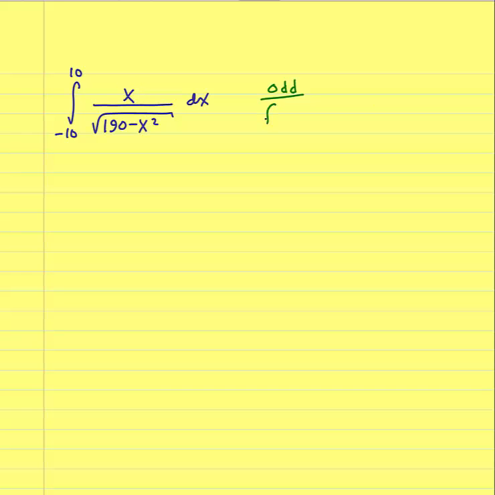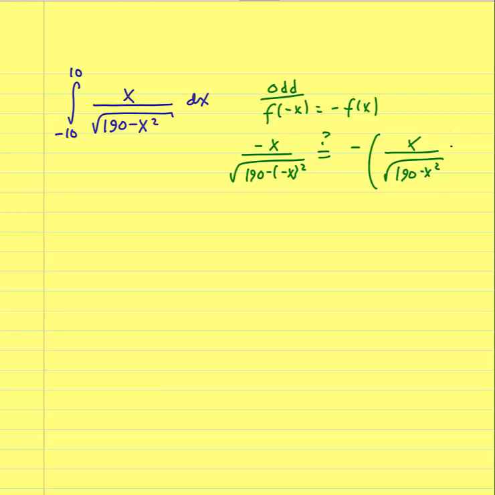So if you remember, with an odd function, f of negative x is equal to negative f of x. So let's go ahead and check this out. f of negative x would mean negative x over the square root of 190 minus negative x quantity squared. I'm checking to see if this is true, and then I'm going to negate the entire function, and we're going to see if these are equivalent.